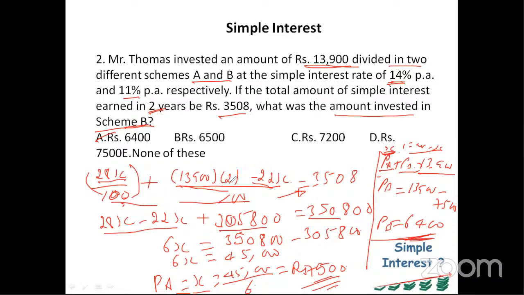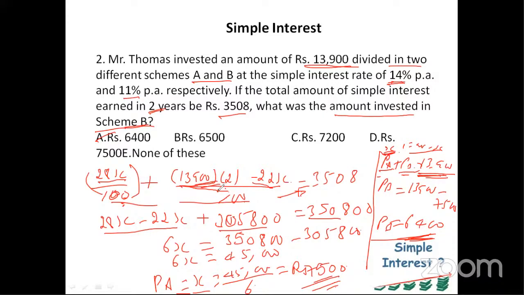Plus the second scheme. We know for the second scheme, the principal amount is nothing but this 13,900 minus X. This is the principal amount into, again, the time is 2 years. So we multiplied here 13,900 into 2. This gets multiplied.